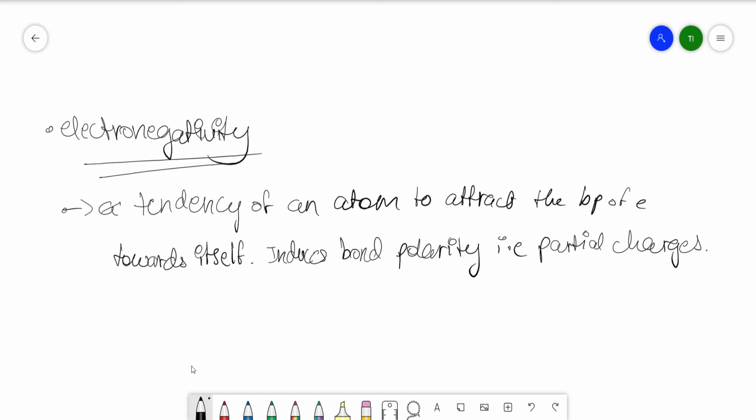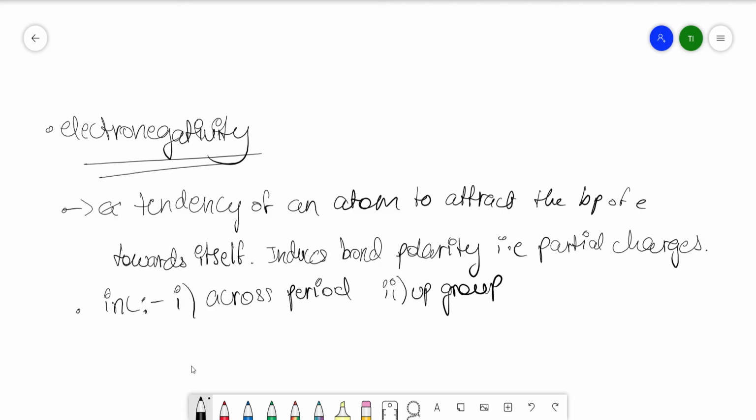Now, before I explain how exactly this makes sense, I'll just state the trends. The trend of electronegativity is that it increases across a period and up the group.